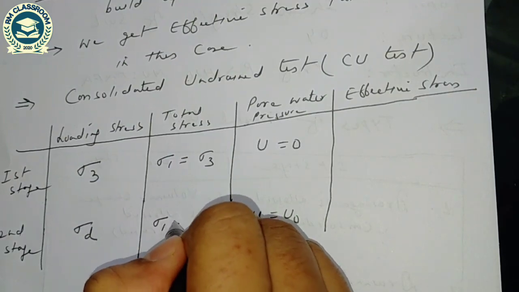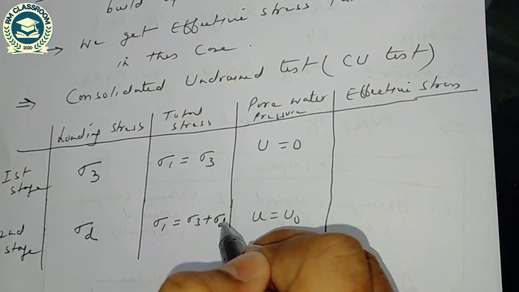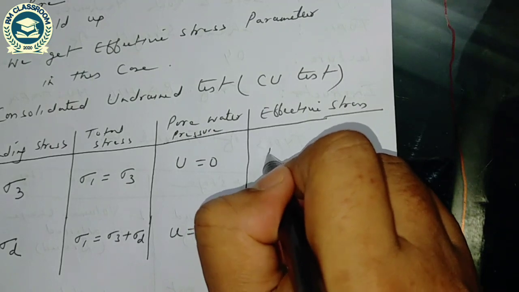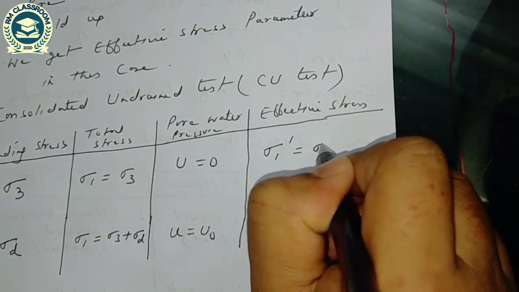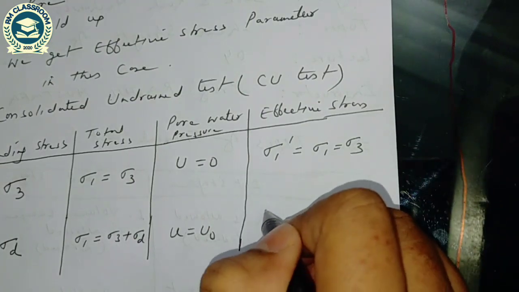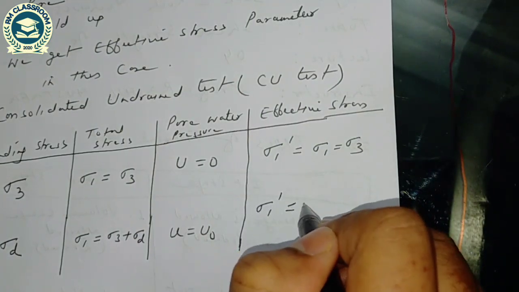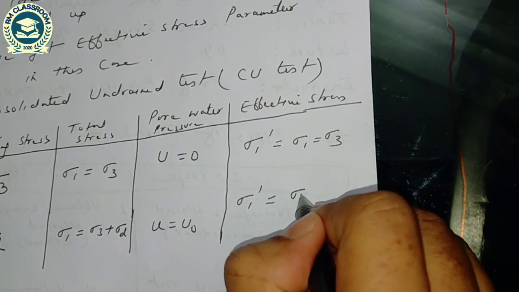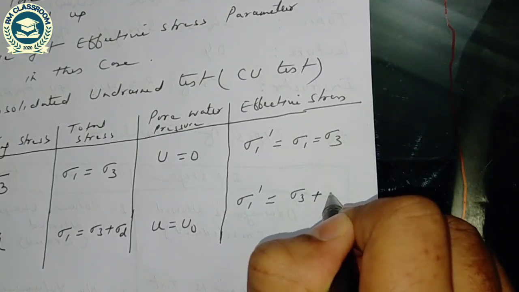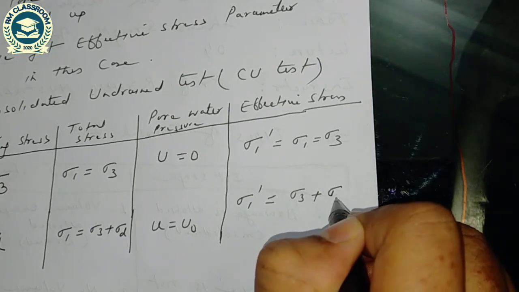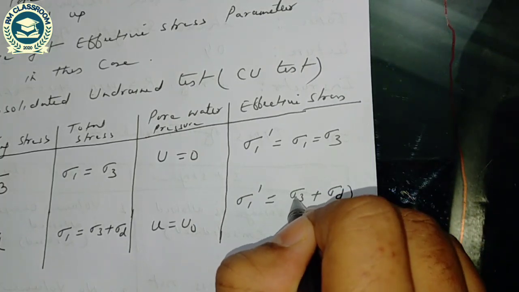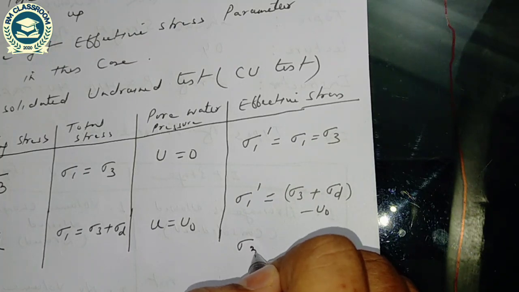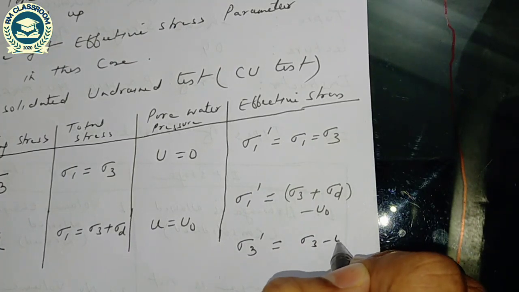Here sigma 1 is equal to sigma 3 plus sigma D, and effective stress here is sigma 1 dash is equal to sigma 1 is equal to sigma 3, but here sigma 1 dash is equal to sigma 3 plus sigma D minus U naught, or sigma 3 dash is equal to sigma 3 minus U naught.